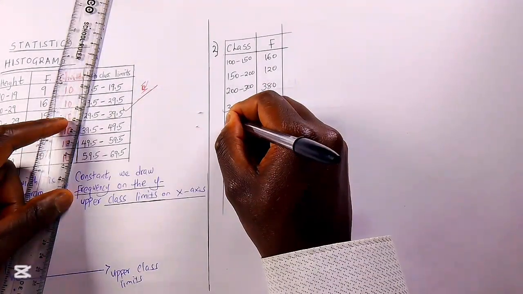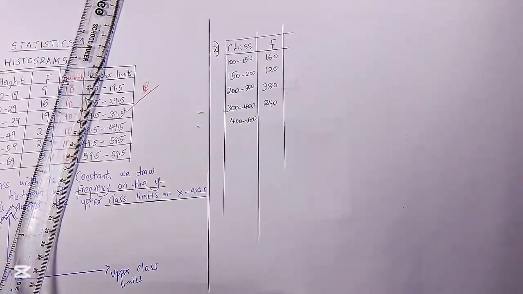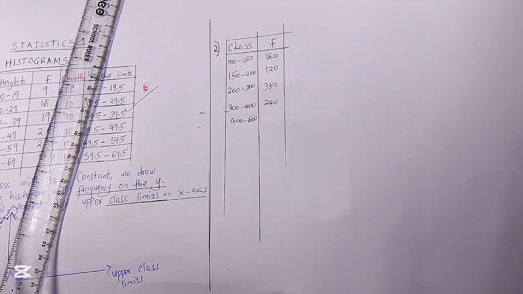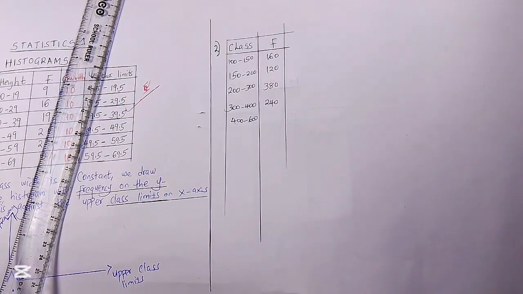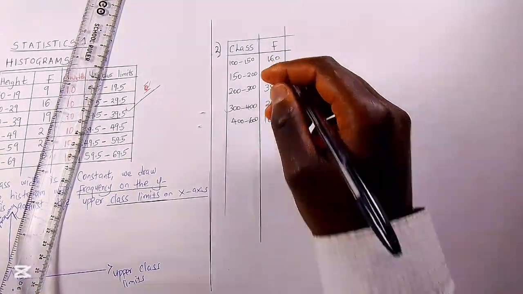Last but not the least, we have 400 to 600 with a frequency of 100.